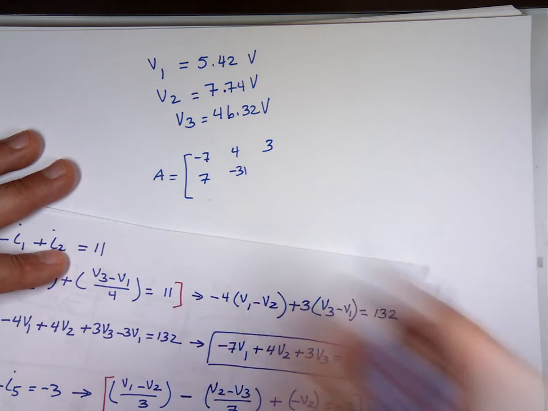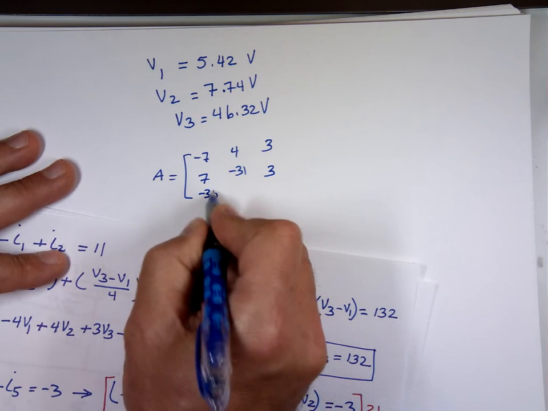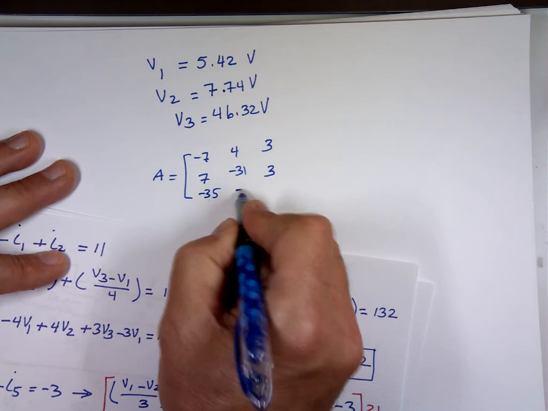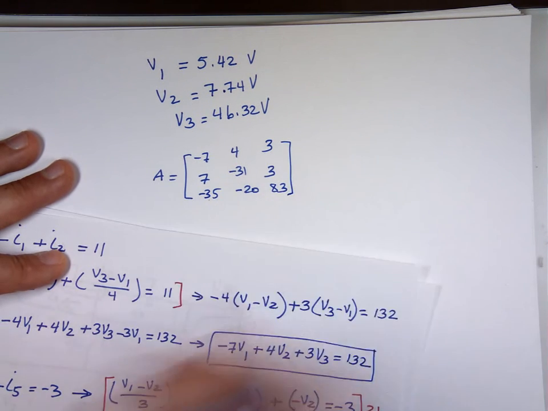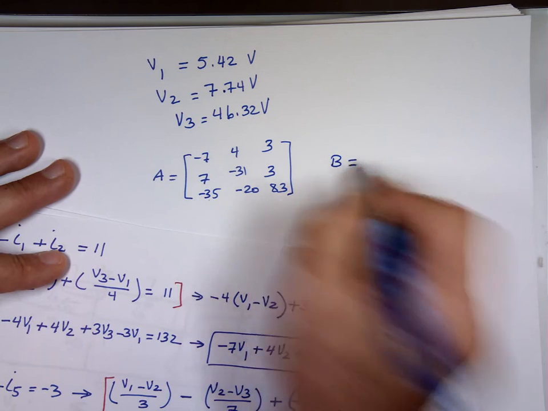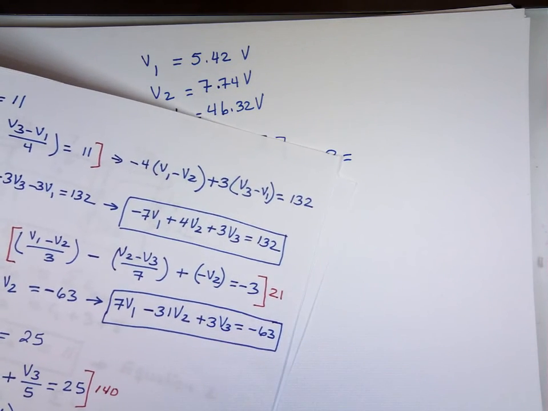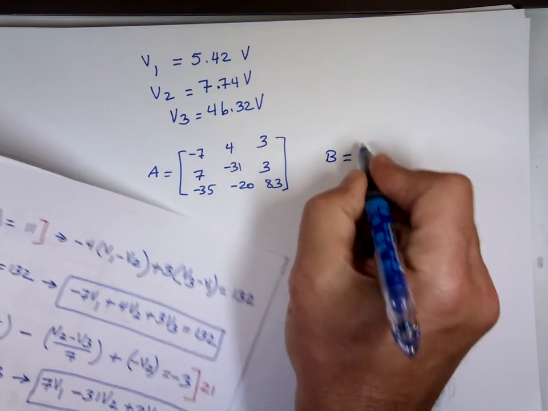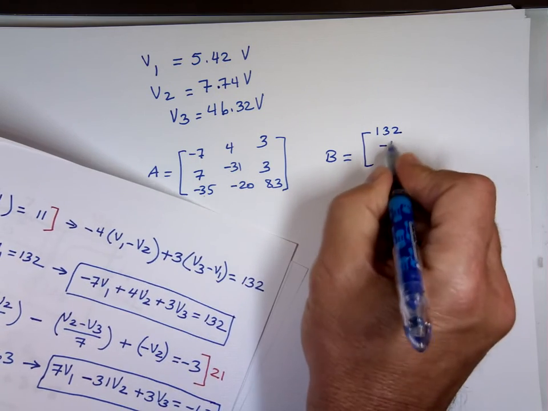And C is negative 35, negative 20, and 83. Matrix B is going to be the answers. The answers are what? 132, negative 63, and 3,500.